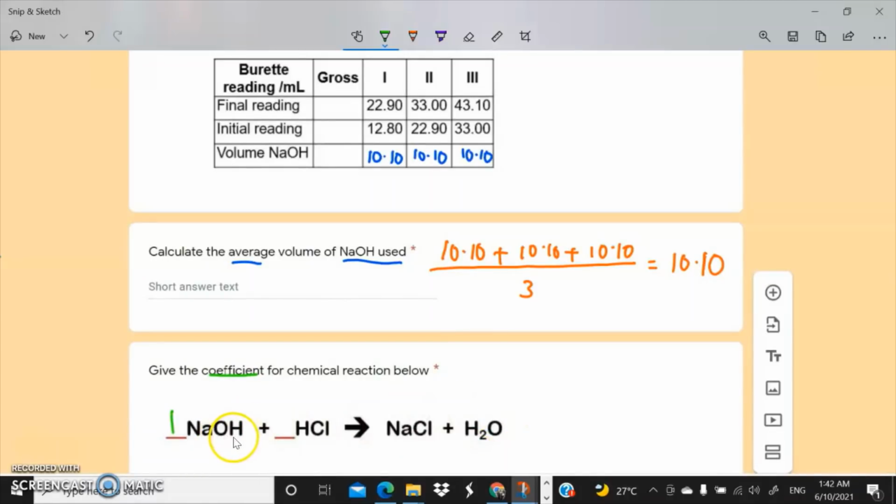H here got 1, here got 1, so 2. Okay, so I need 2H. So already 2H here, that means here will be 1. Here will be another 1. So the coefficient for NaOH is 1 and for HCl is 1. That is the answer.